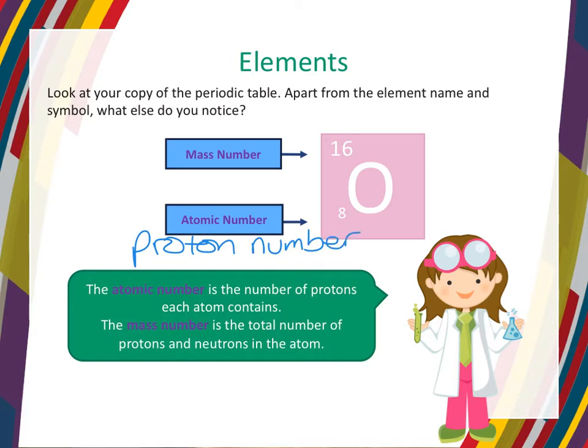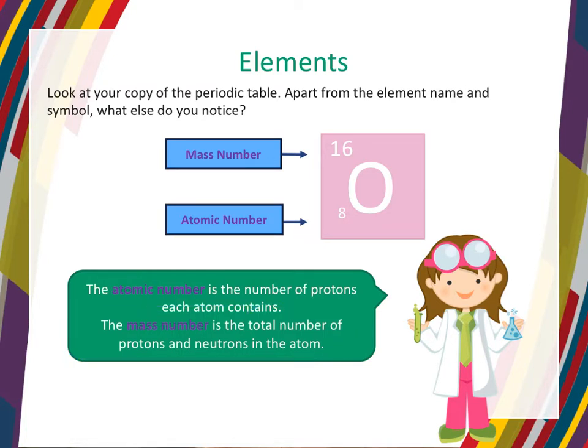And that is because the atomic number, that bottom number, is the number of protons that the nucleus has. It also happens to be the number of electrons as well.